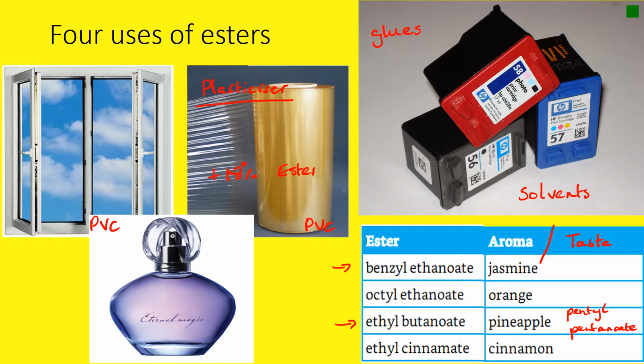Okay, so there's 4 uses. The last one, food flavorings and odors, and glues and inks and paints use esters as solvents. The smell of a perfume is an ester, and plasticizers are made out of esters.